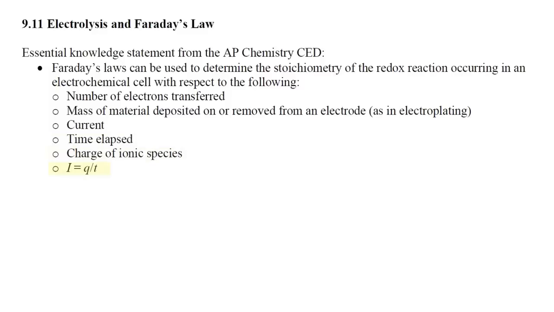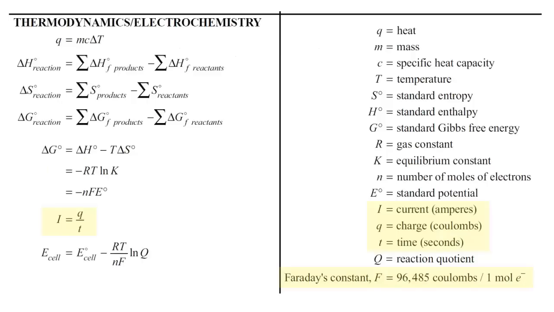This particular equation is featured in this section of the AP Chemistry equations and constant sheet. So I represents the current, Q represents the charge, and t represents the time.